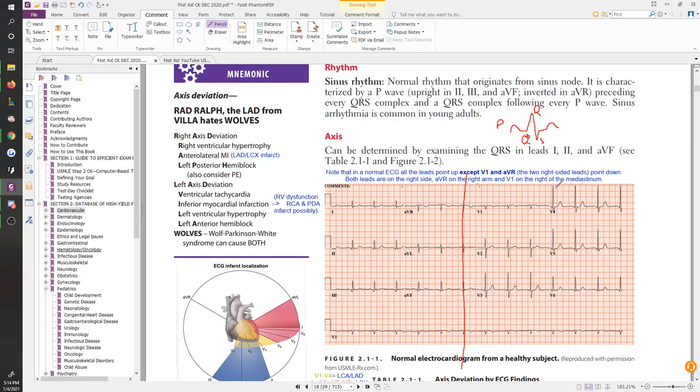V4 has the tallest R wave, and then you can see how it's progressively changing, right? So now by V5, the R wave is entirely on the top and nothing under the baseline. And then by V6, it becomes a little shorter again, right? So there's this really nice R wave progression that you're going to want to look for from beginning to end on the right half of this ECG.